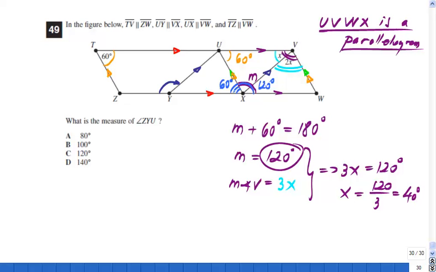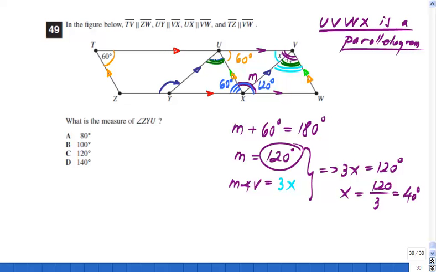What else do I know? Well, I know that this angle here is how big? Let me use a different color for it. That angle over there is actually congruent to this angle.